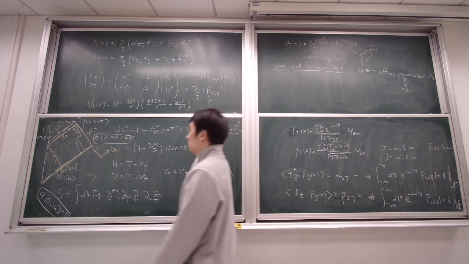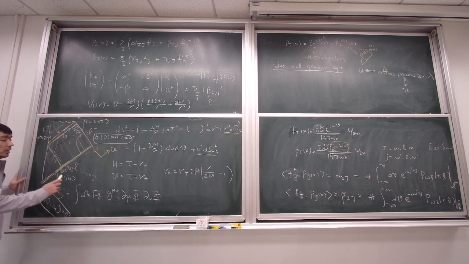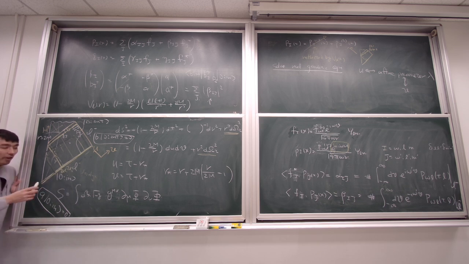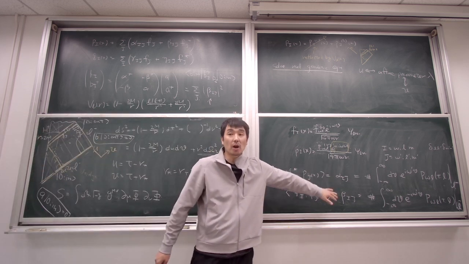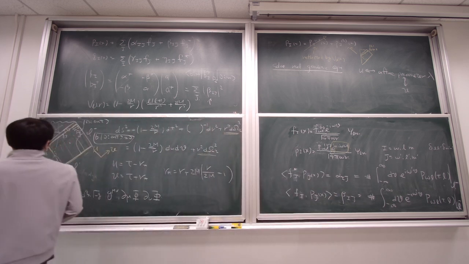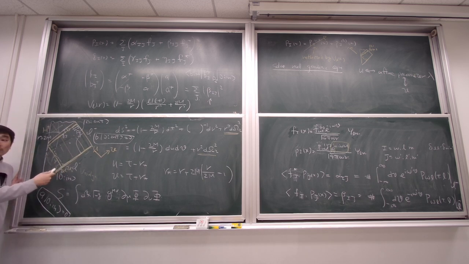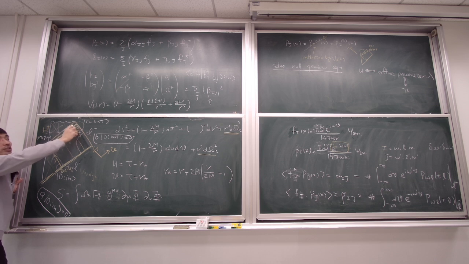A good coordinate around here is the v coordinate. We have to do the integration of this to take this inner product, so we have to perform the v integration. But now here a good coordinate is u.